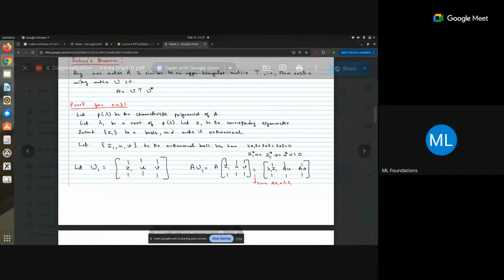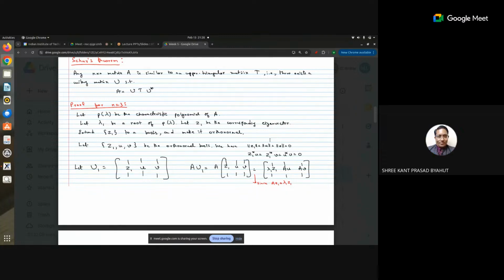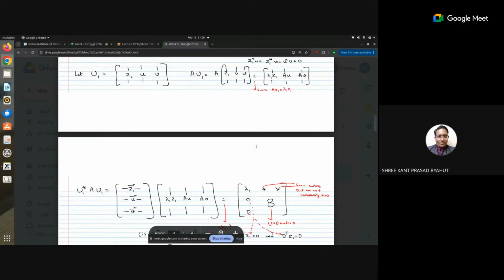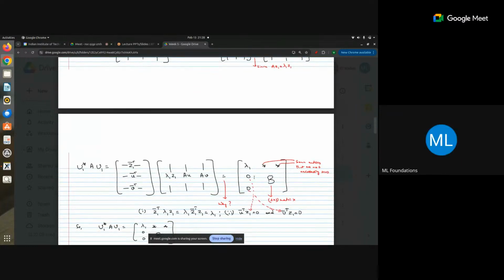When two vectors in the complex case are orthogonal to each other, then Z1 star U is equal to U star Z1, because the product should come out to be 0. So this part will also be 0.